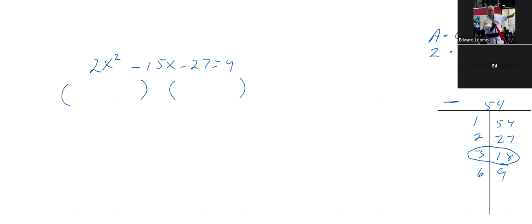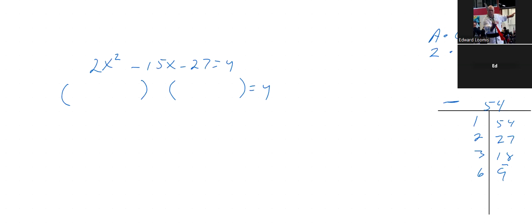Real quick, just to make a point: 6 plus 9 would give me 15, and 18 minus 3 will give me 15. I could have gotten 15 two different ways. So there are two different possibilities to get b, but only one is correct, and that's because my c is negative. The only way this will work is if I subtract to get 15, not add.